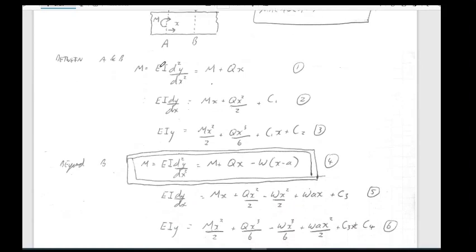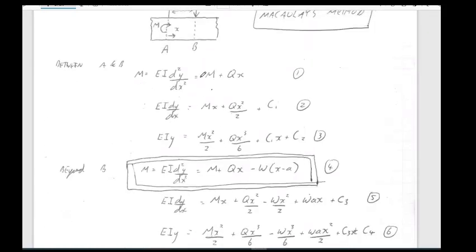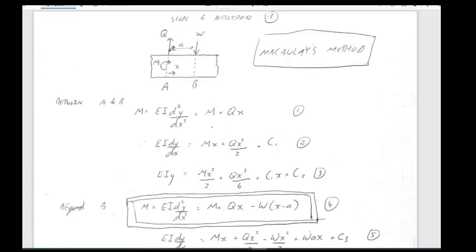So if that term is 0 or negative, that means we haven't got to that load W yet, so we can just ignore it and go back to this equation, M plus QX. We must remember that when using Macaulay's method, if the Macaulay's terms are 0 or negative, we just ignore them because that means we haven't got to that point W yet.